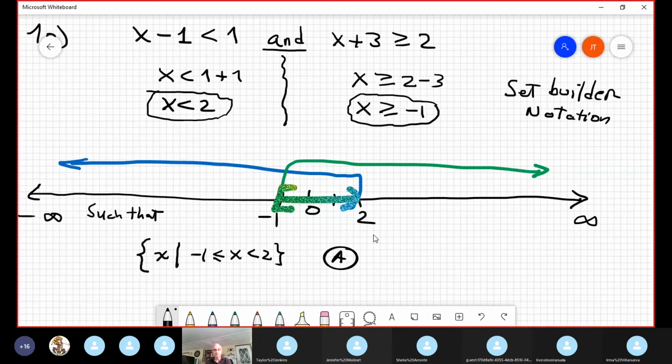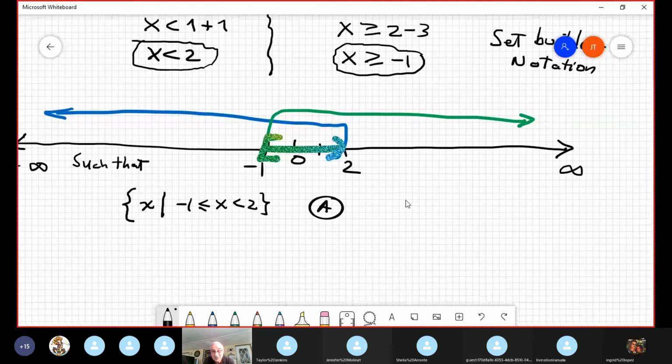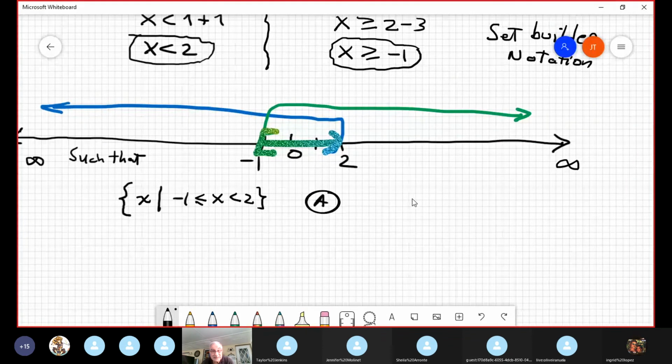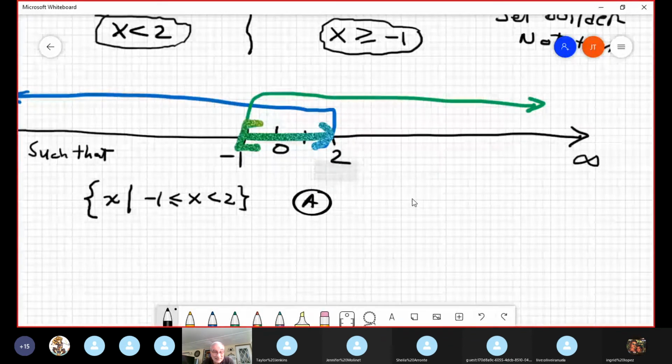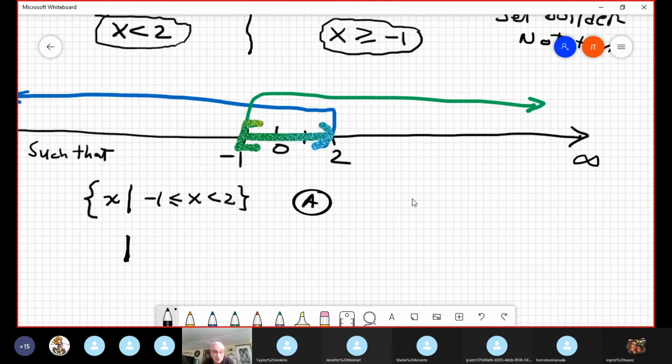What is after that x? That symbol. Mathematics has a lot of symbols. This is a line, and this line is equivalent to saying such that. Suppose that you don't remember such that.